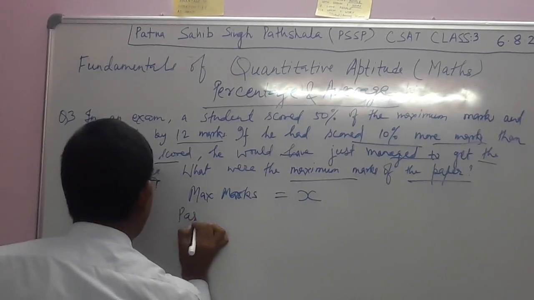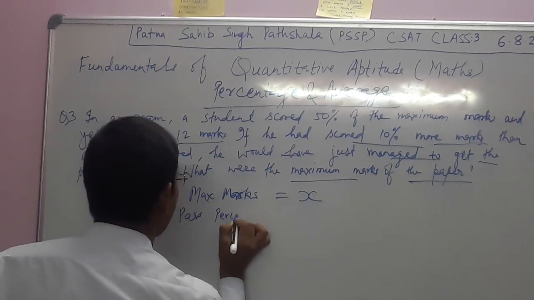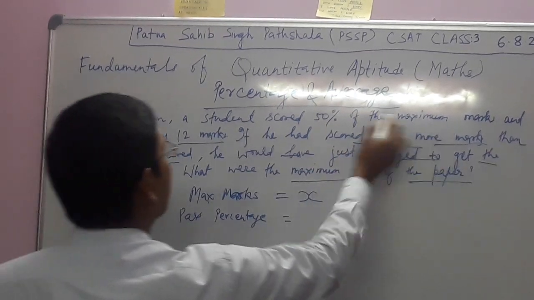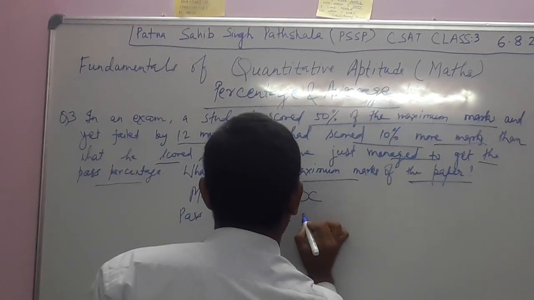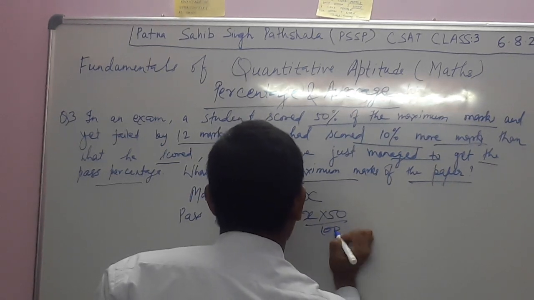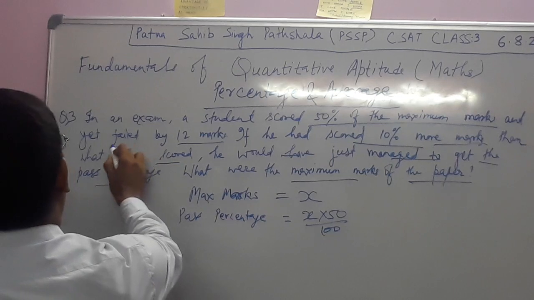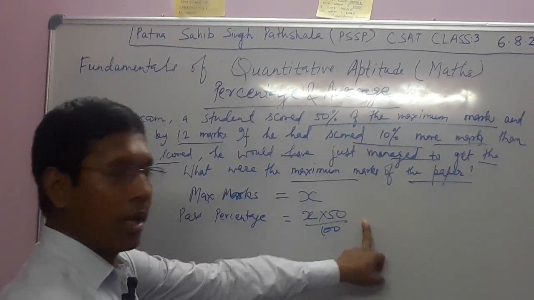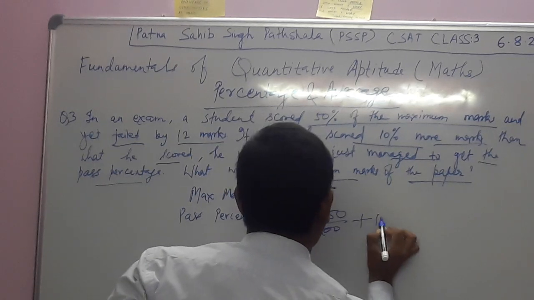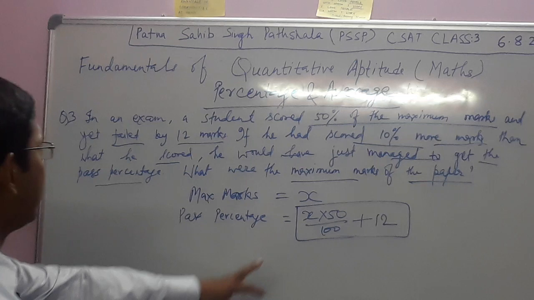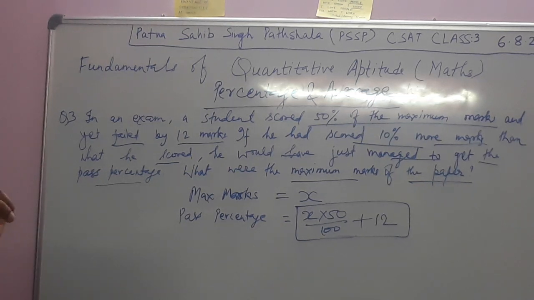Pass percentage marks can be 50% of the maximum marks, so maximum marks into 50%, and failed by 12 marks. It means if we add 12 more marks, then it will be the pass percentage marks. So this is the pass percentage marks.